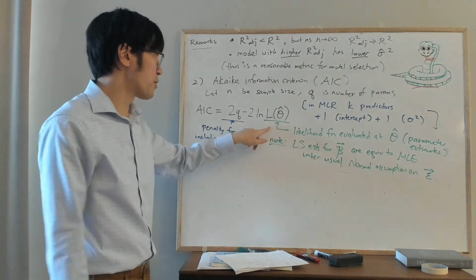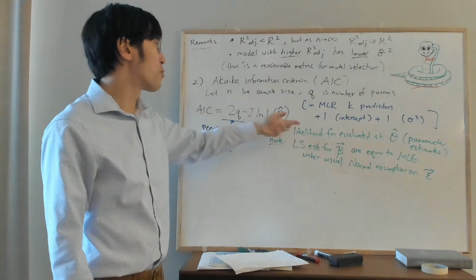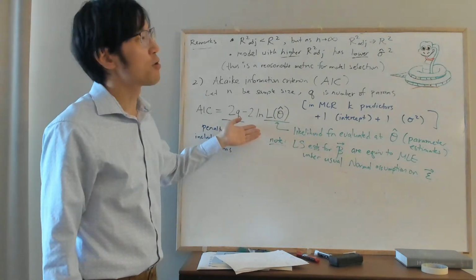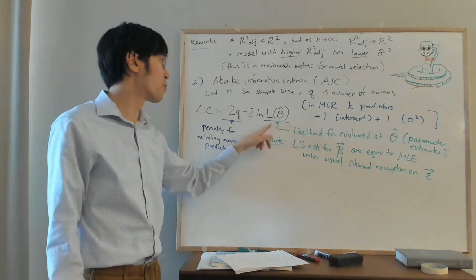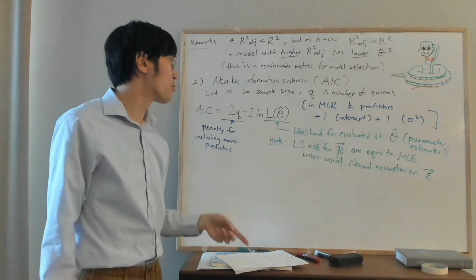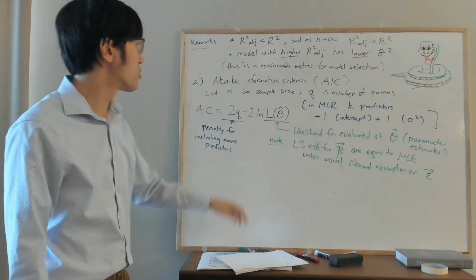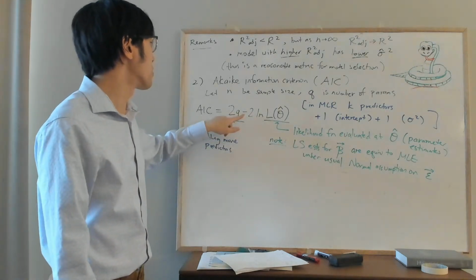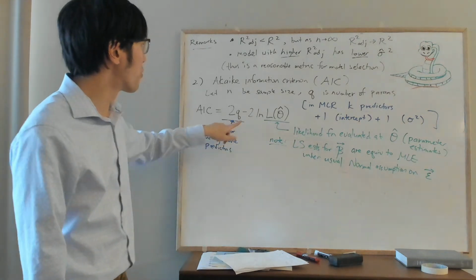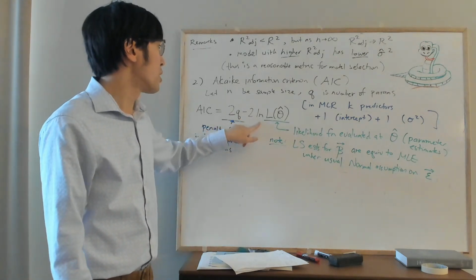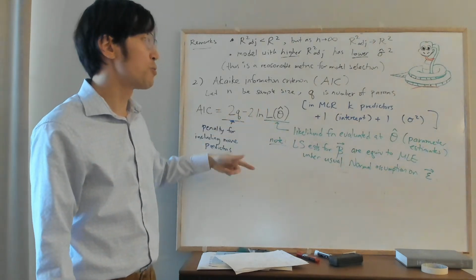I should also point out that with the likelihood function, when you use more parameters, it's similar intuition as when we did R squared adjusted. When you throw in more parameters, the likelihood function will increase. And if this increases, you're taking the minus of it. Log is a monotone transformation. So if the likelihood function increases a lot, the AIC will decrease.